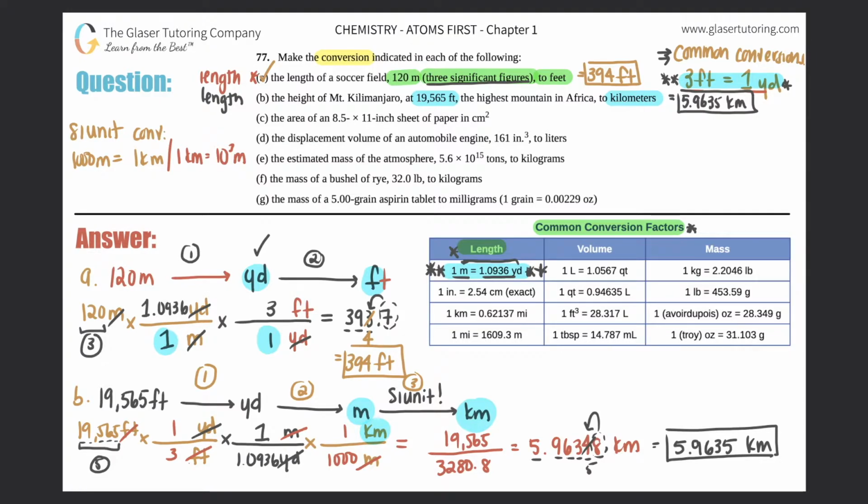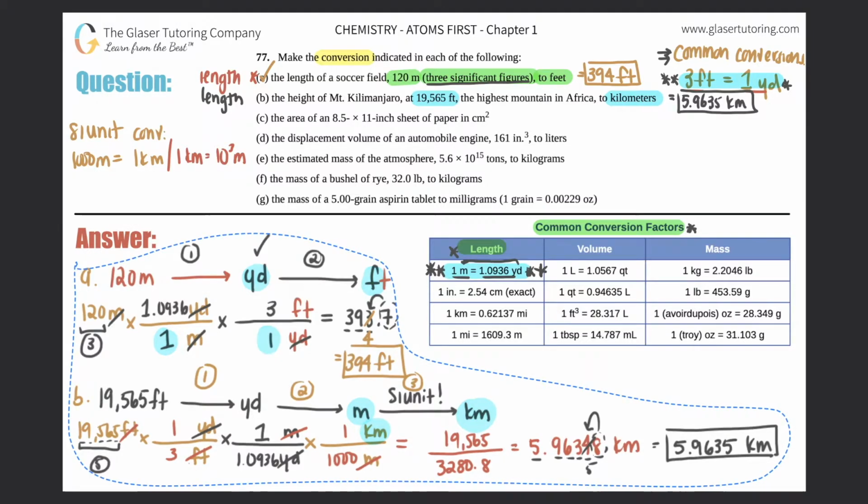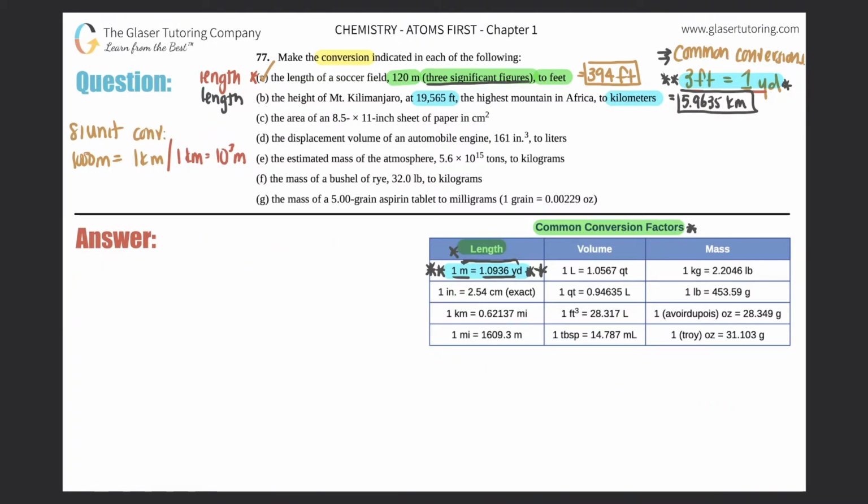This one is going to include a lot, so I'm going to just erase A and B with my little handy dandy eraser tool. Hopefully I don't erase the chart. I don't think so. Okay, cool. So now I'm going to say C. So B is done. And C, they say the area of an 8.5 times 11 inch sheet of paper into centimeters squared.